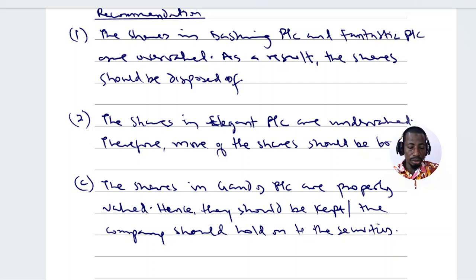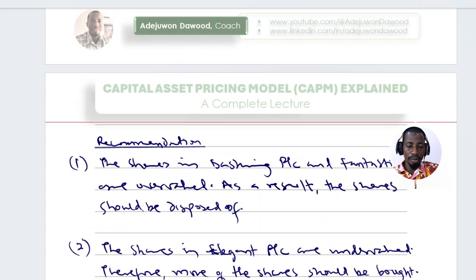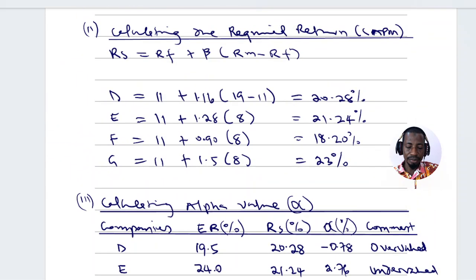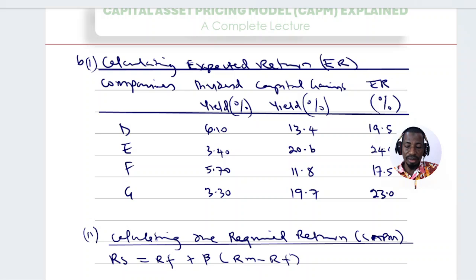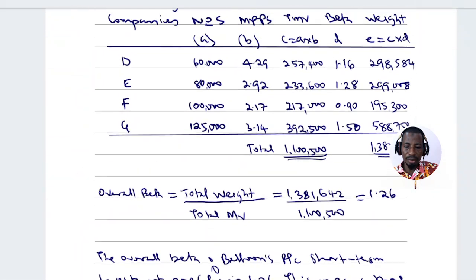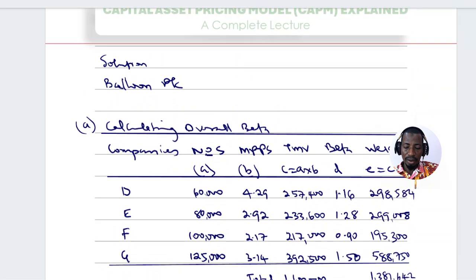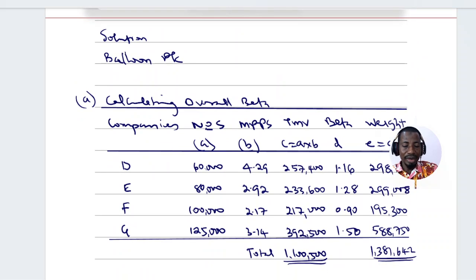If you want to flesh it up, you can talk more, because when you look at the expected return of each of the securities, you will notice, let me go back to the question here, when you look at the beta value of individual securities in this portfolio, all of them have a beta value greater than 1, that is greater than that of the market, except Fantastic PLC.